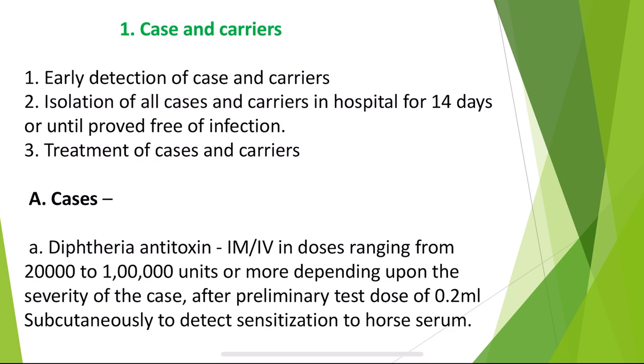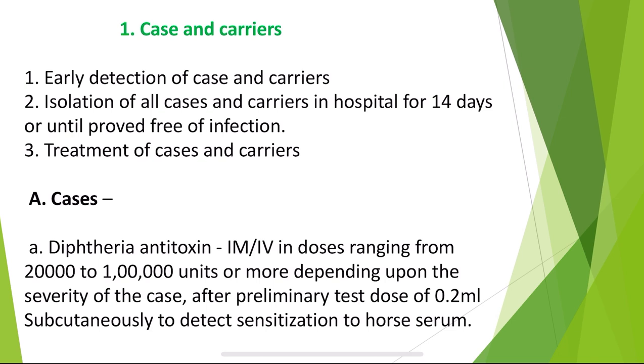And then we will give the treatment of the cases and the carriers. Let us discuss what treatment is given for the cases, and what treatment is carried out for the carriers. For the cases, as I said, as soon as diphtheria is suspected, we give the diphtheria antitoxin without any delay.